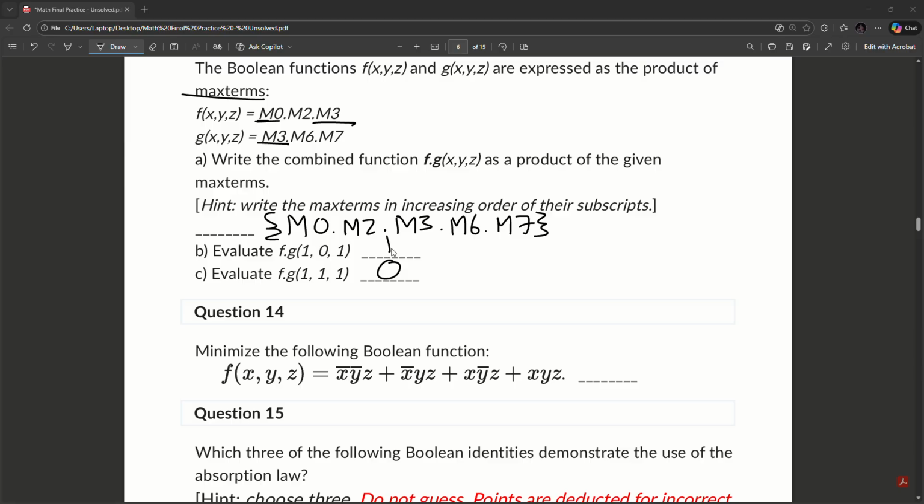And since maxterm is just the opposite of minterm, no means one, yes means zero.